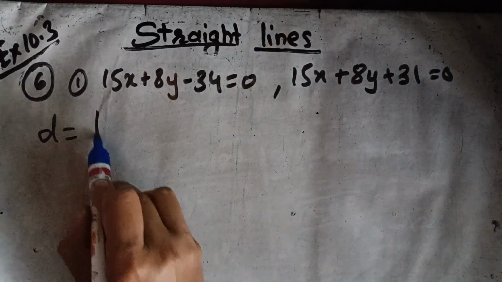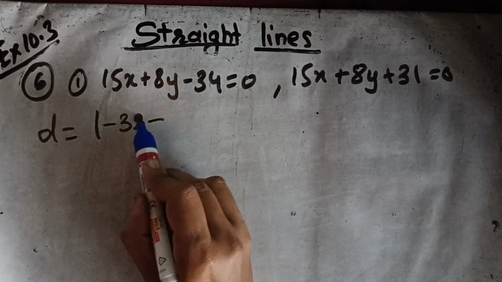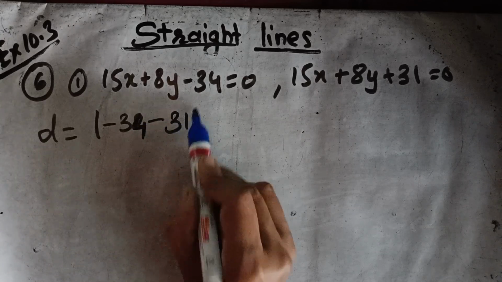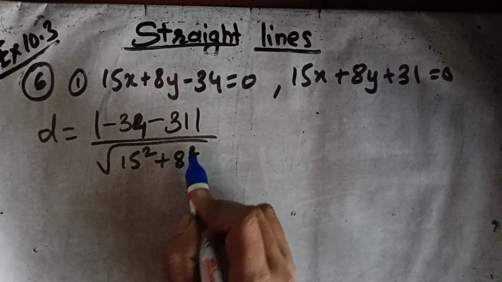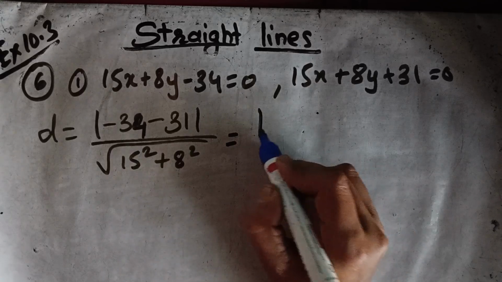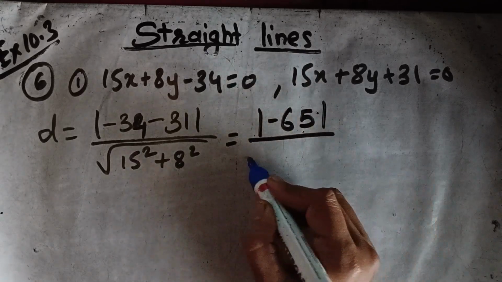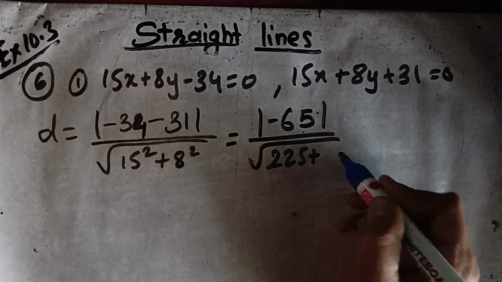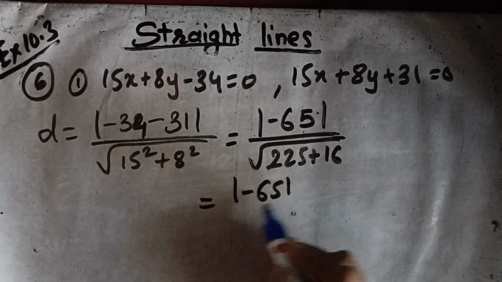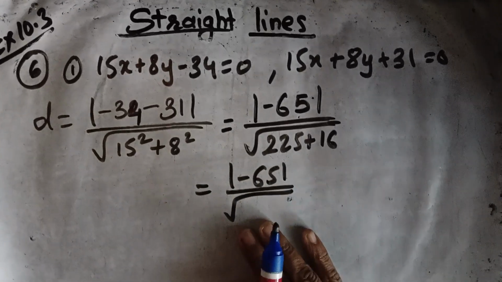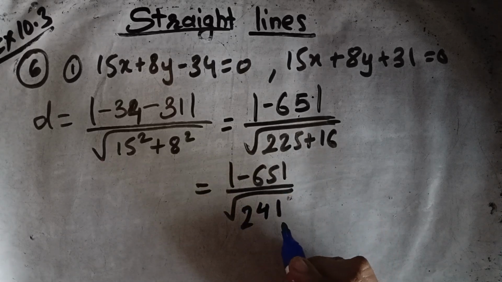Distance is given by C1 minus C2 upon root of A square plus B square. Okay. So this is minus 65 upon 225 plus 16, to 41.